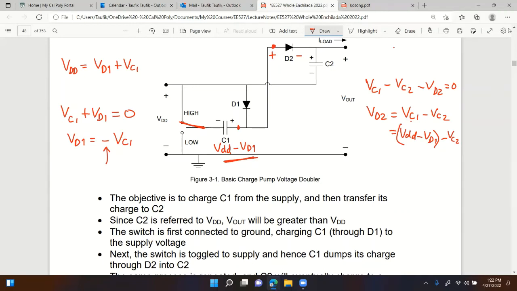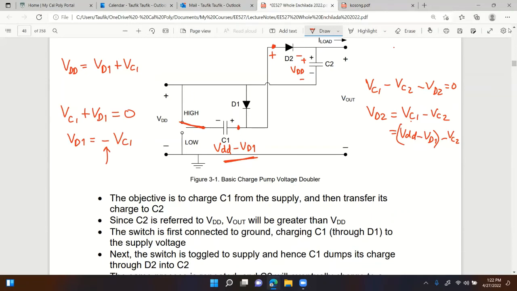Remember earlier I said that eventually this is going to be VDD, right? But as I'm charging capacitor C1, VC2 is actually delivering energy to the load. Discharging, not charging, discharging.